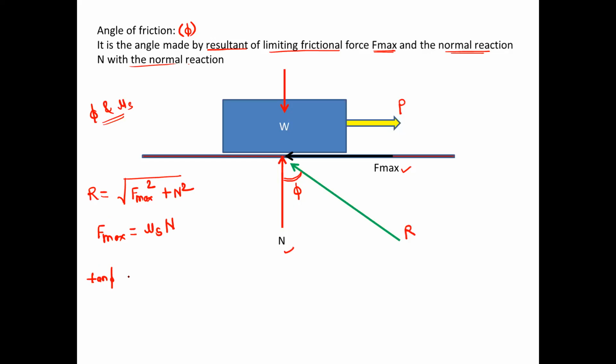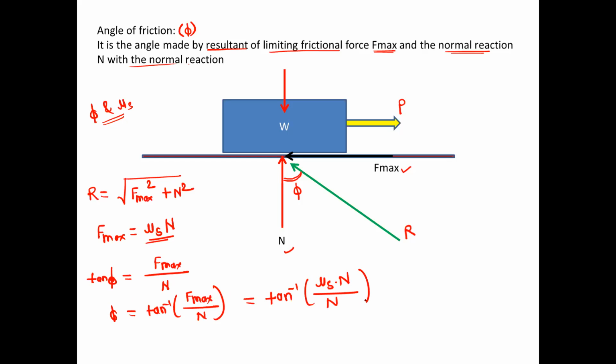So tan phi is equal to F max divided by the normal reaction N. So phi is equal to tan inverse of F max upon normal reaction. And this F max is nothing but mu s into N. So it is equal to tan inverse of mu s into normal reaction divided by the normal reaction, which is equal to tan inverse mu s, the coefficient of static friction.